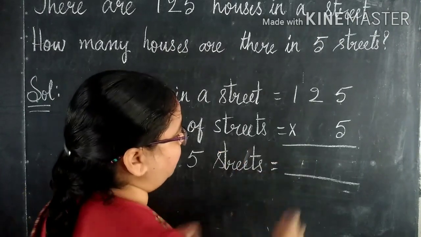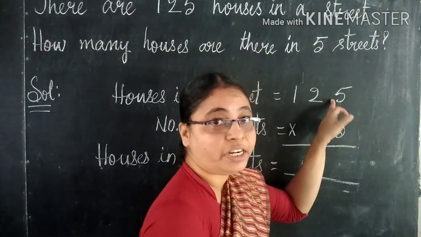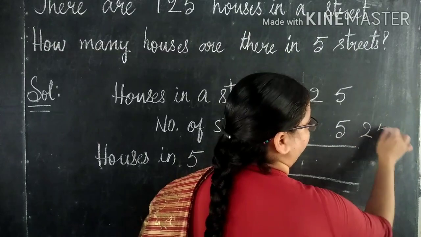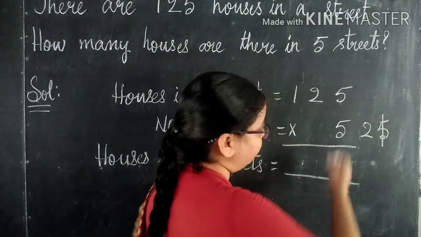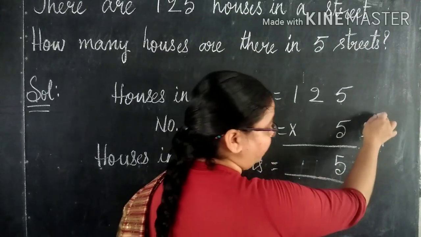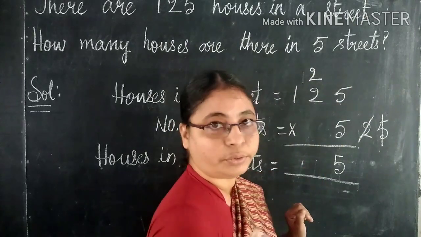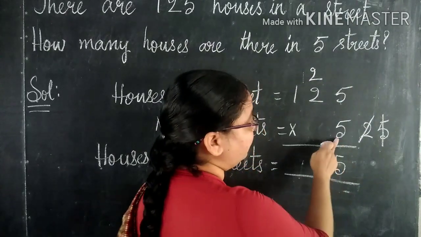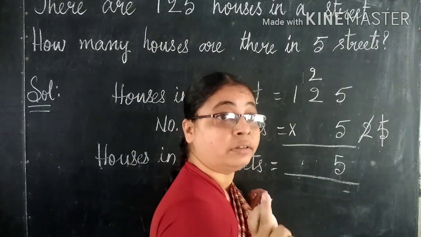Okay. Now multiplication. 5 5s are 25. Right? 1's place 5. Where will you write? Exactly in 1's place. Finish. Now this 2 will be carried to the next place. Okay, clear. 5 2s are 10.